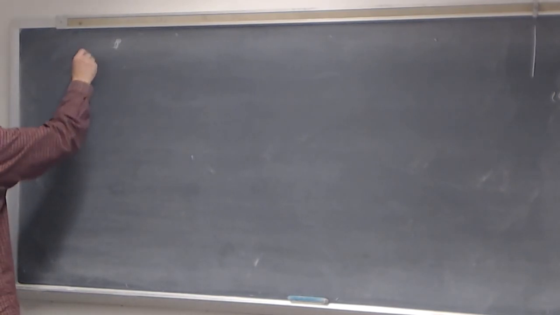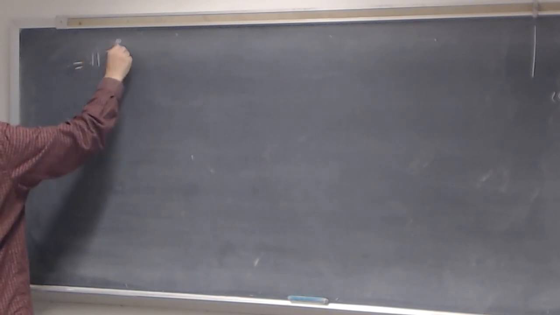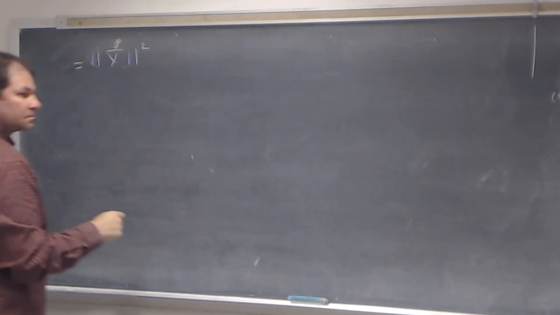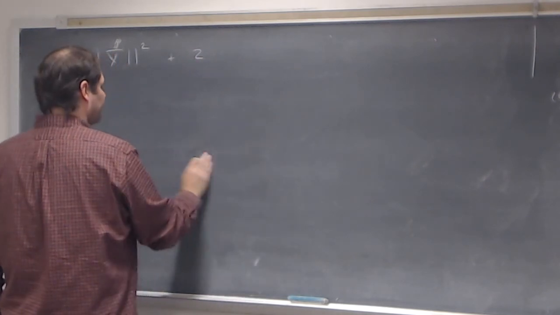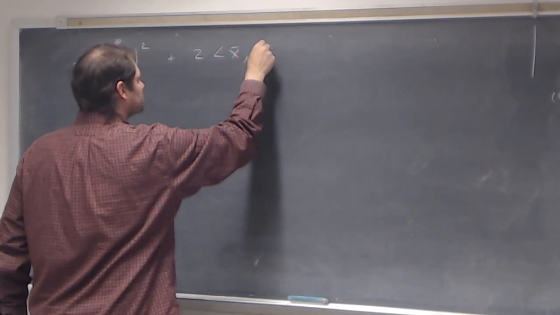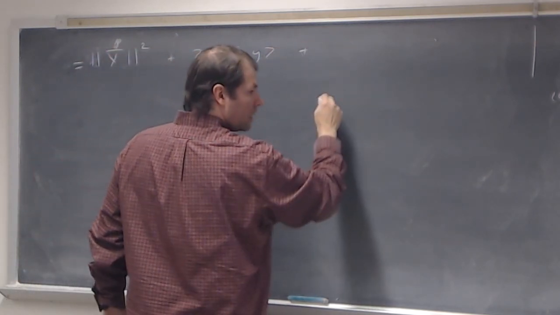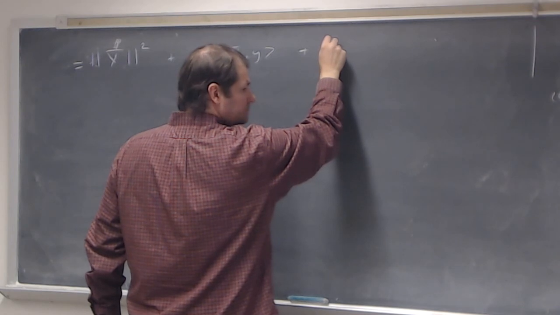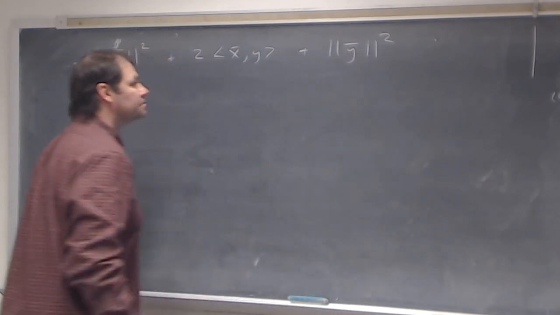Okay. So this is equal to the norm of x squared plus 2 times that sum that we had before, which was the inner product between x and y, plus the norm of y squared.